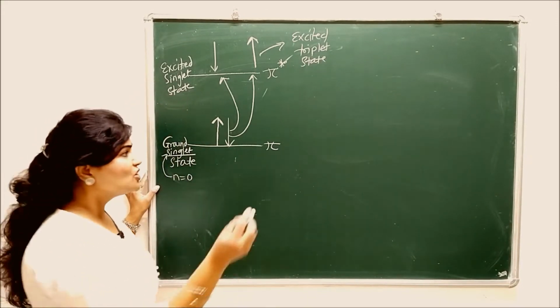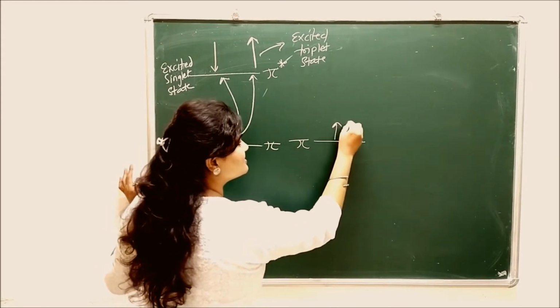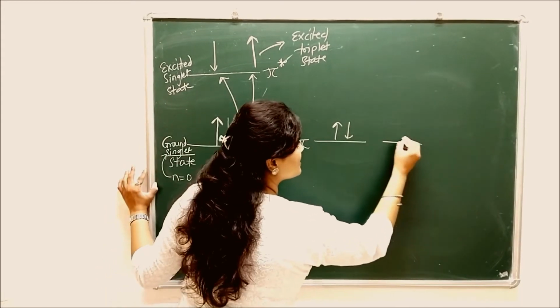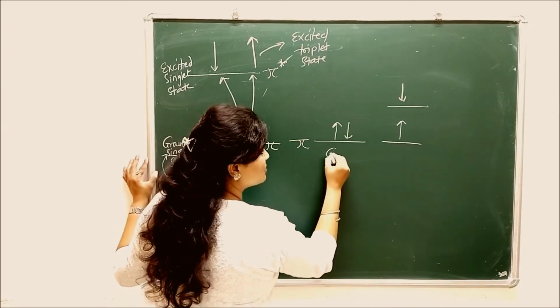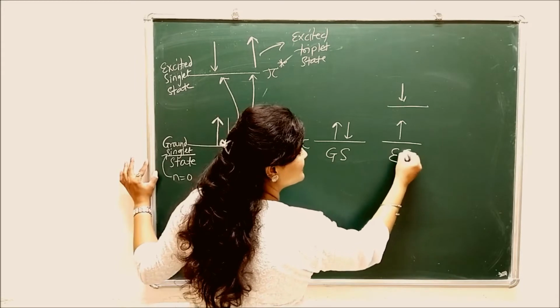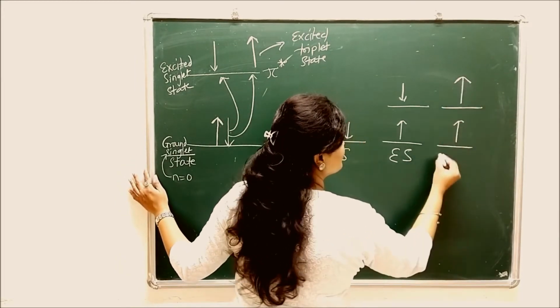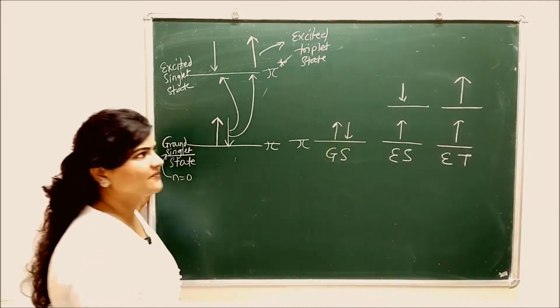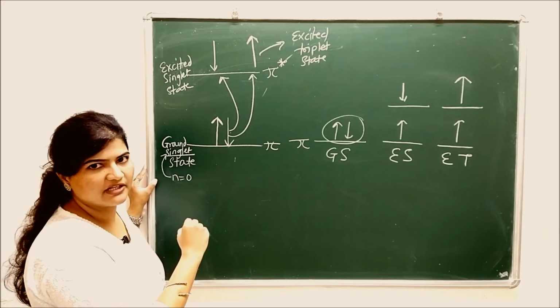Excited triplet state. So this is your ground singlet, this is excited singlet, and this will be excited triplet. So in ground singlet you will have paired electrons, no unpaired electron.